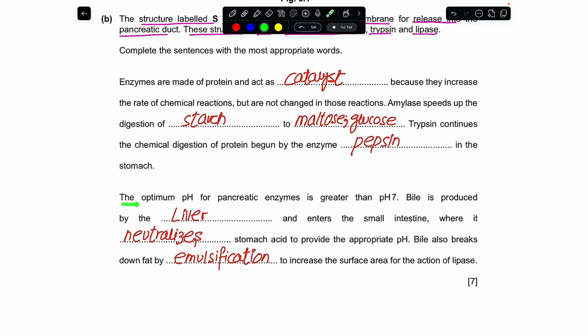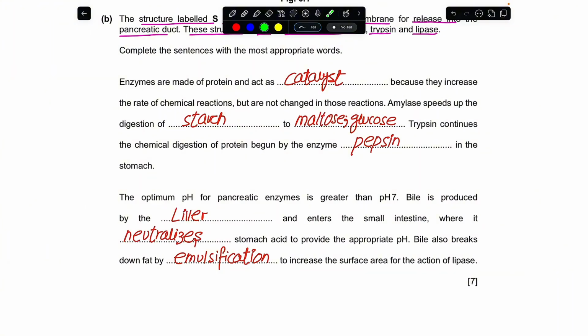They say the optimum pH for pancreatic enzymes is greater than pH 7, and we know it very well that the pancreatic enzymes require an alkaline pH, so it has to be greater than 7. The bile is produced by what? We know this is produced by the liver. And then it enters into the small intestine. And over there, when it goes, it would neutralize the stomach acid. And the stomach acid is there in the liquefied form of the food which is coming from the stomach.